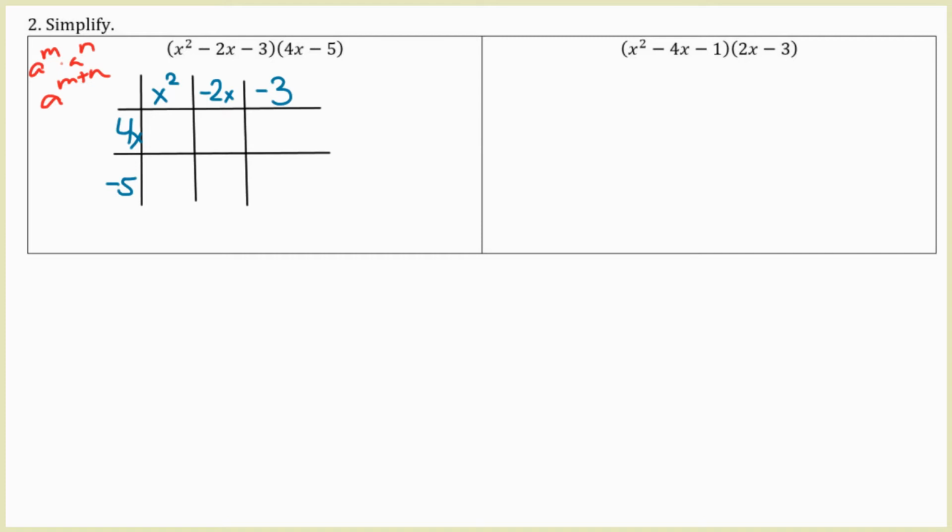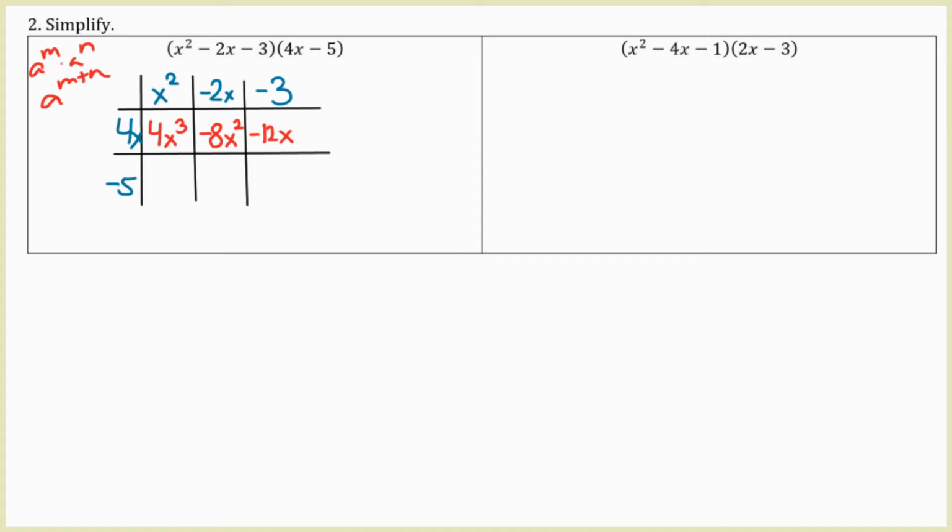So 4x and x squared is going to be 4x cubed. x^1 and x^2 make x^3. 4 and negative 2 make negative 8. x^1 and x^1 make x^2, so x times x is x squared. 4 times negative 3 is negative 12x. Now let's go to the bottom.